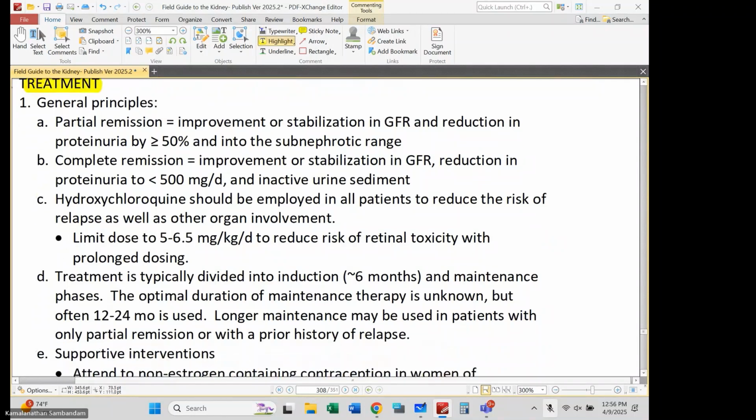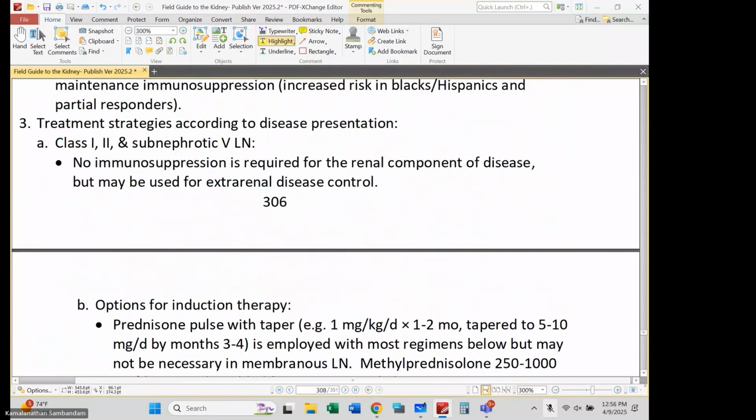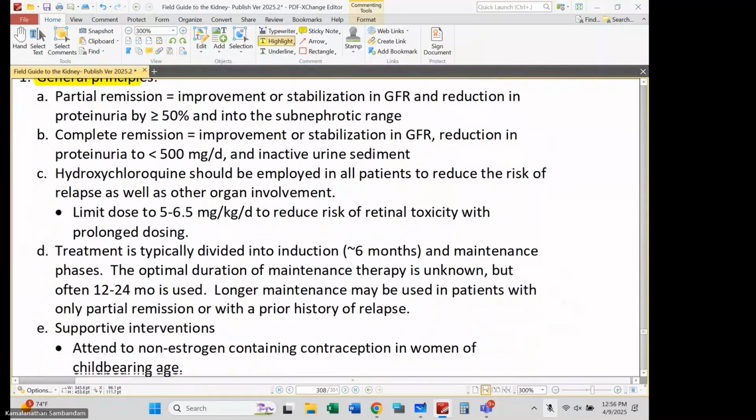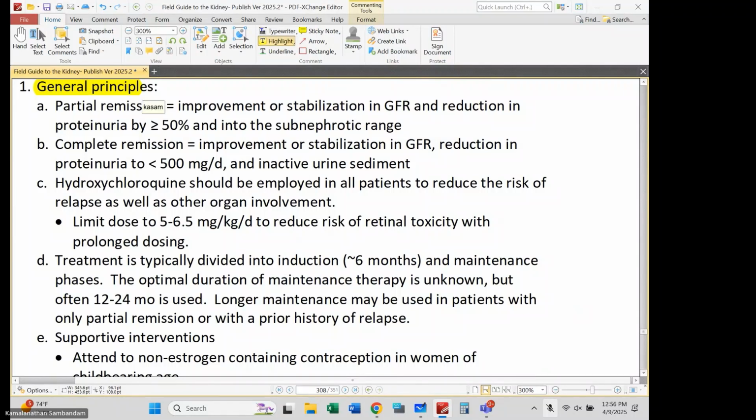Treatment. Let's go over some general principles first before diving into a couple of protocols. And I'll go modestly over and just try and finish this since we are behind, so I don't get 2 steps behind, just 1 step behind. Partial remission, we define typically as stabilization in GFR, even if it's not normalized, because there may be some irreversible IFTA and global glomerular sclerosis.